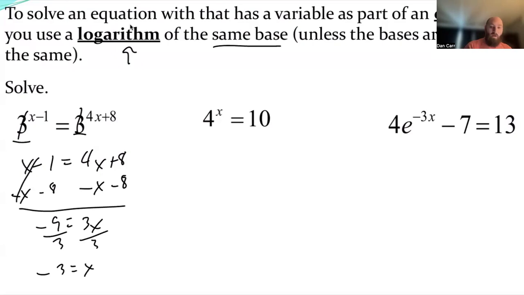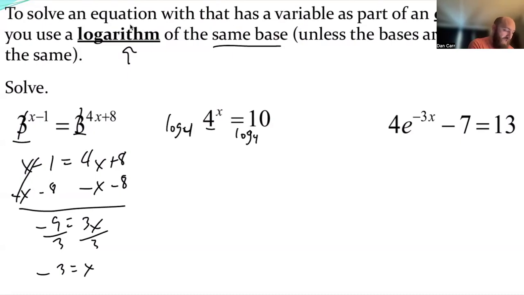Okay? For the next case, we don't have the same base. Sometimes there are certain problems where we can change them into the same base, but we can't do that here. So in this case, because my exponent base is 4, I'm going to use log base 4, and I'm going to treat it like an operation. If I do it to the left side, I have to do it to the right side.